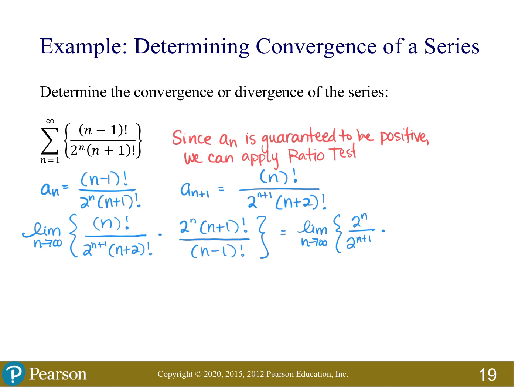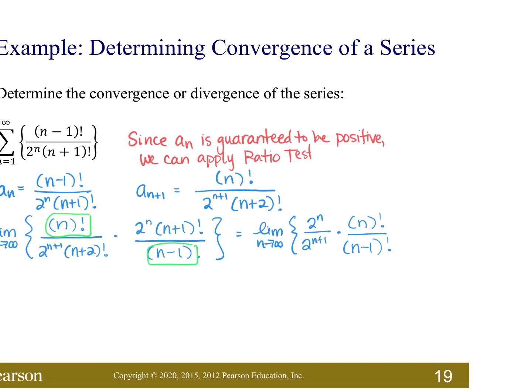So I'm going to group, and I'll circle them in green. I'm going to circle n, and it's closer to n minus 1 than it is to n plus 2. N plus 2 is 2 terms away, whereas n minus 1 is only 1 term away. So that's what I tend to do, is group those together. So I'll have n factorial over n minus 1 factorial. And then the other two I would group together, and I'd have n plus 1 over n plus 2 factorial for both of them.